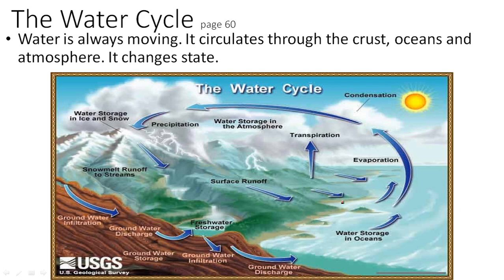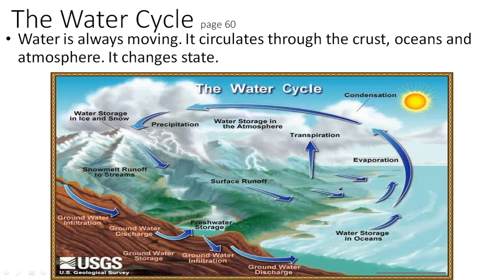Let's move on and see what the water cycle is. In nature, water is always moving. And this movement is always in a cycle, okay? It repeats again and again the same movements.